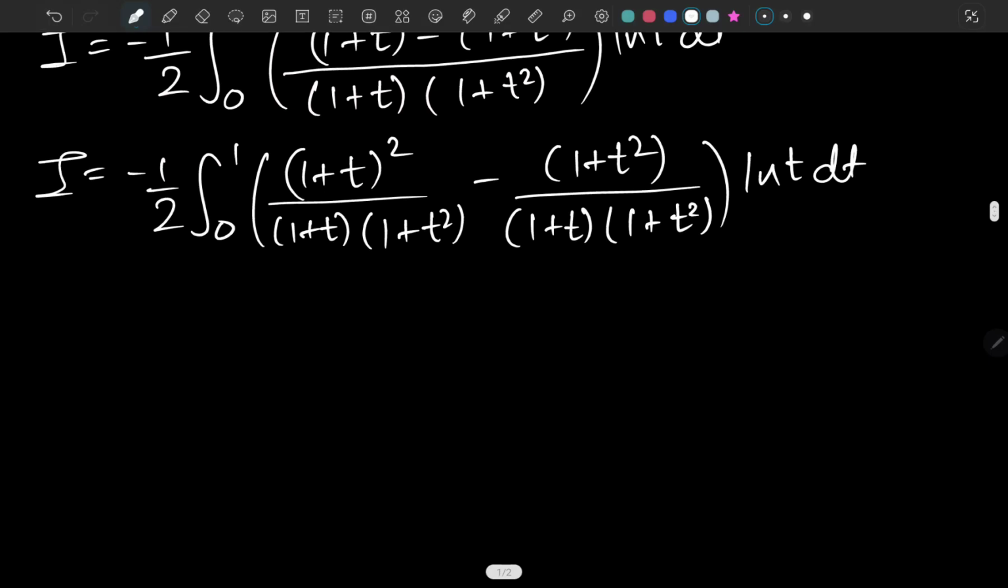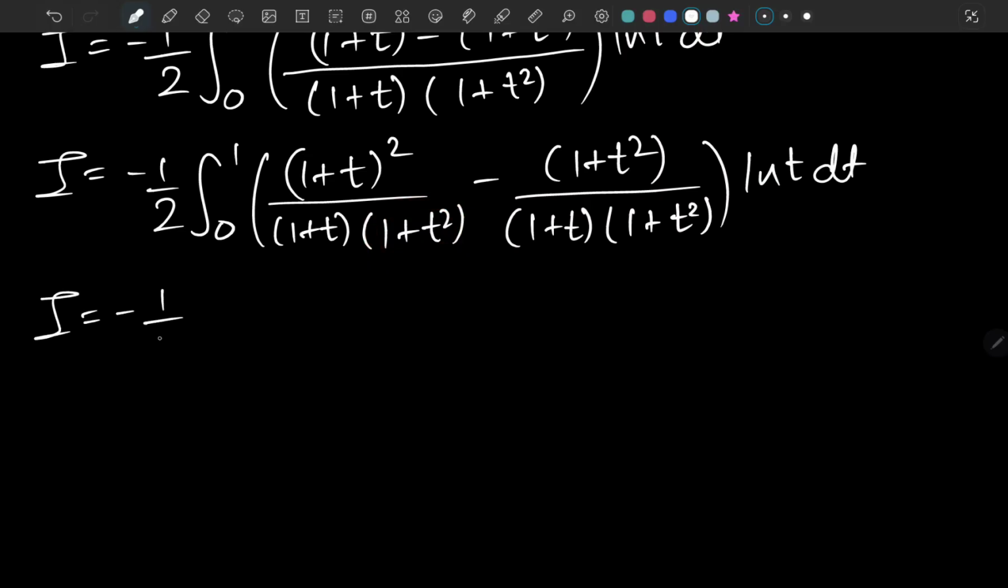So a factor would be cancelled out with the other factor, and we would be left with 1 plus t in the numerator, and this one in the denominator as well.